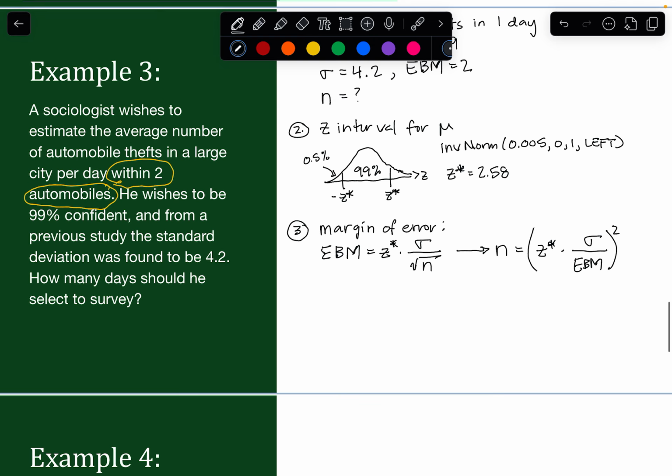My next step, I'm going to go ahead and plug my values in. So sample size is equal to, I know my critical value is 2.58 times, I know my standard deviation is 4.2 and my error bound is 2. And I want to square that.